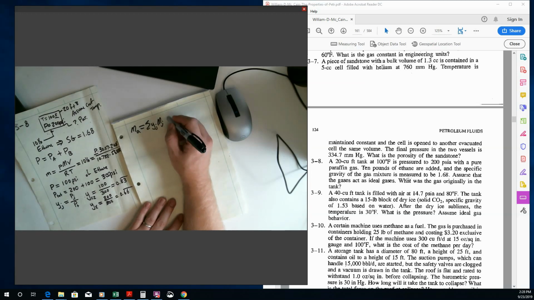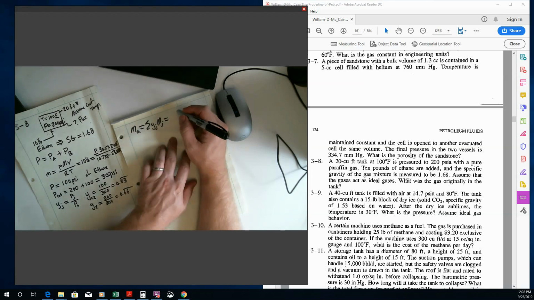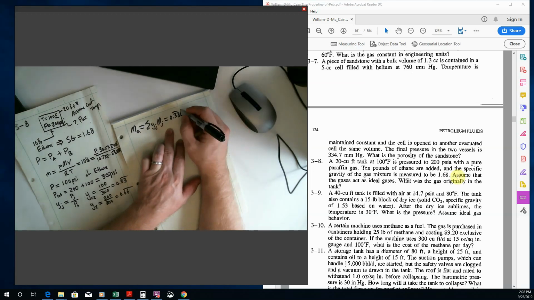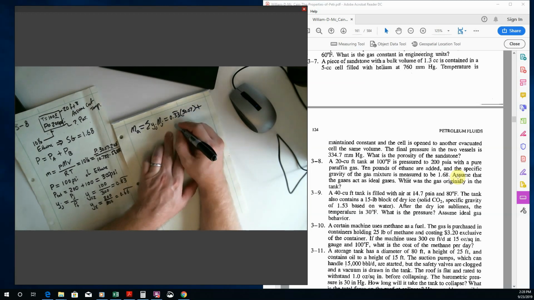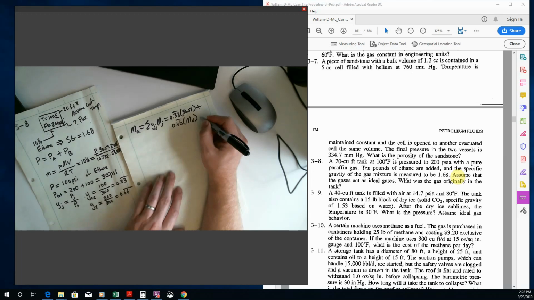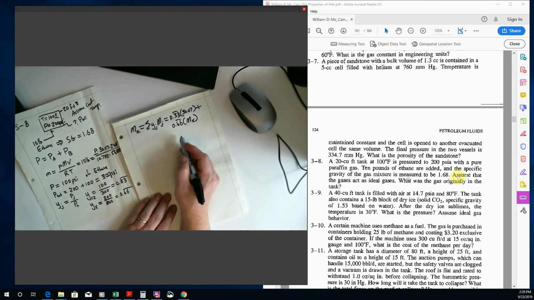So in this case, that's going to equal 0.33 times molecular weight of the ethane, 30.07, plus 0.66 times our unknown, we'll put X, molecular weight. So we're trying to solve for that as part of this.